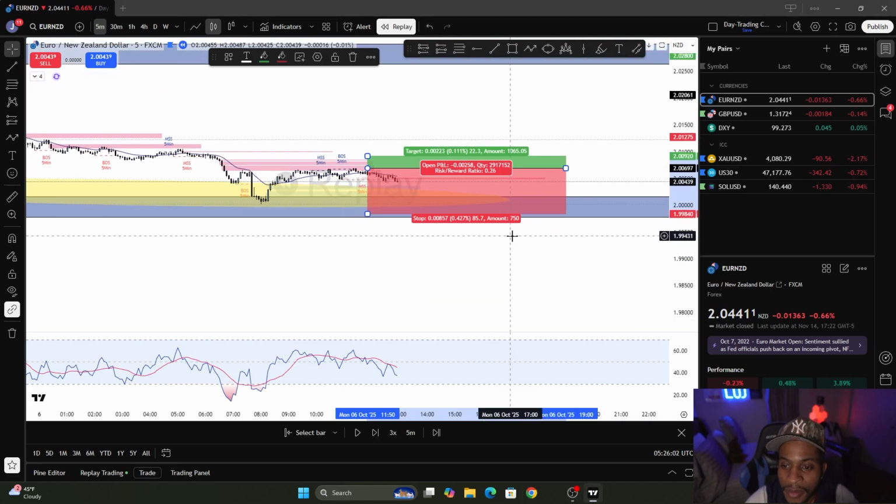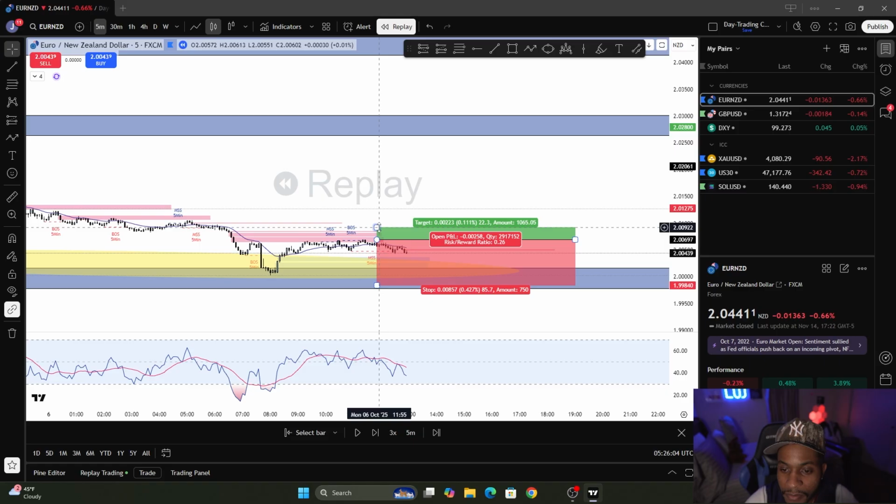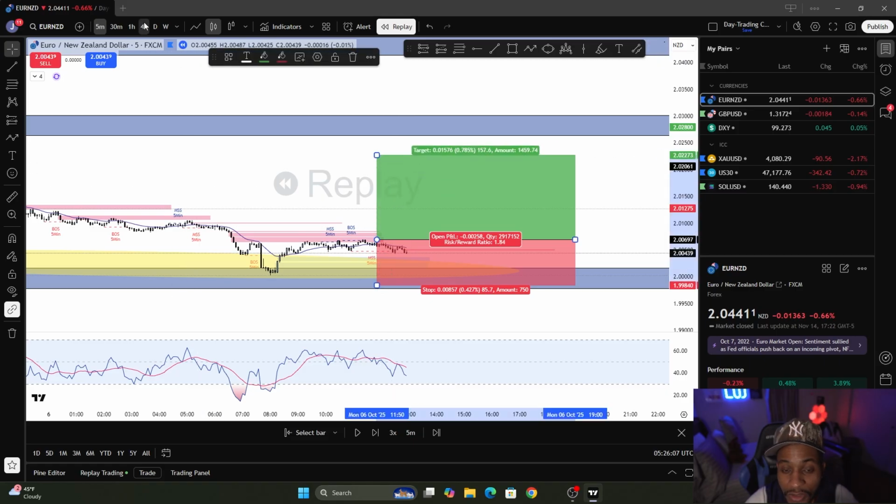But my take profit levels are also very high. Like I'm a swing trader. So yes, I'm using these big stop losses, but my take profits are also very high. So I'm aiming for like 1 to 4s, 1 to 5s sometimes.